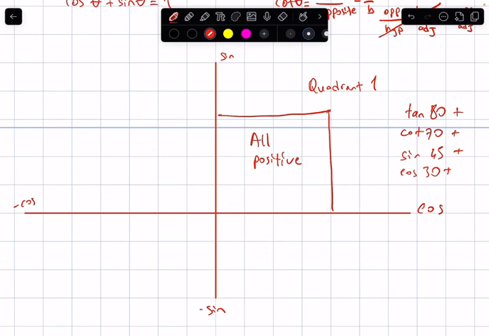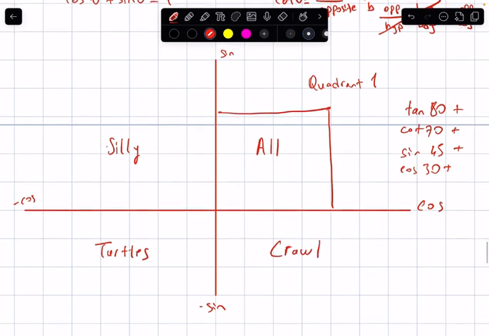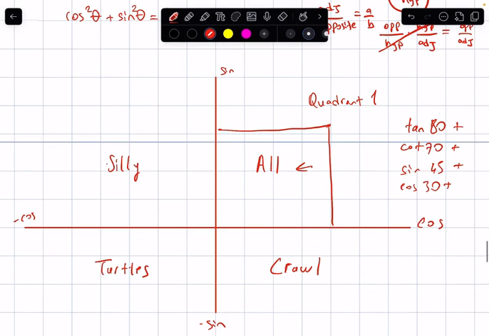All. And I'm going to write something that will hopefully stay in your mind: All Silly Turtles Crawl. Why did I write this? I'm going to show it to you. In here, all of the things we have done, tangent, cotangent, are positive.